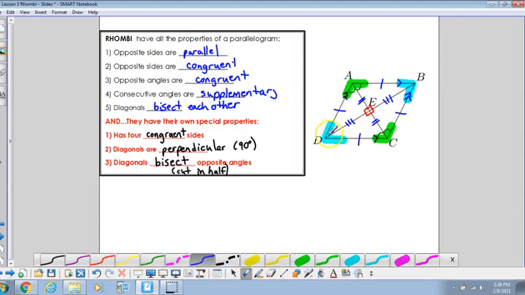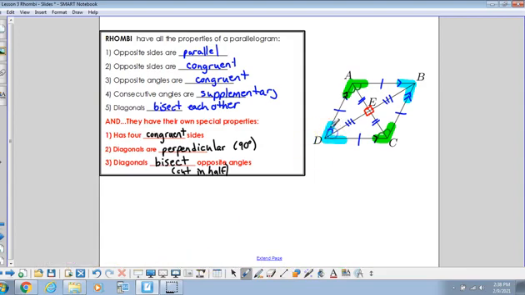Same idea with our other angles, D and B. This angle right here is congruent to this one right here, which is also congruent to this one up here, and this one over here. And so all of these are the same. Now that doesn't happen with a plain old parallelogram. That doesn't happen with a rectangle. That only happens with a rhombus. So now I think we have all of our information on that picture.